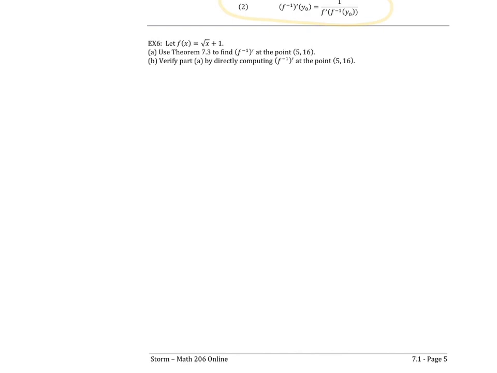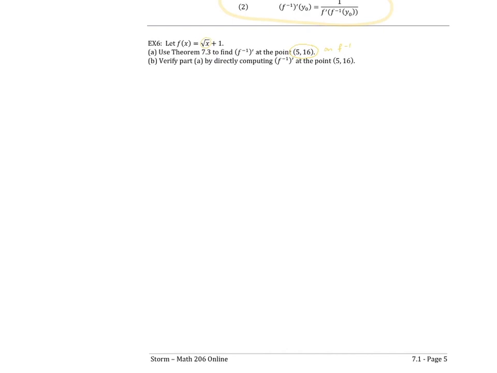So I have a problem here, and the problem is the point (5, 16), this is not a point on my function. And the theorem specifically states that we have to have a point on our function. Because notice, if I put 5 in for x, I don't get 16 back for f of x. This is actually a point on f inverse.